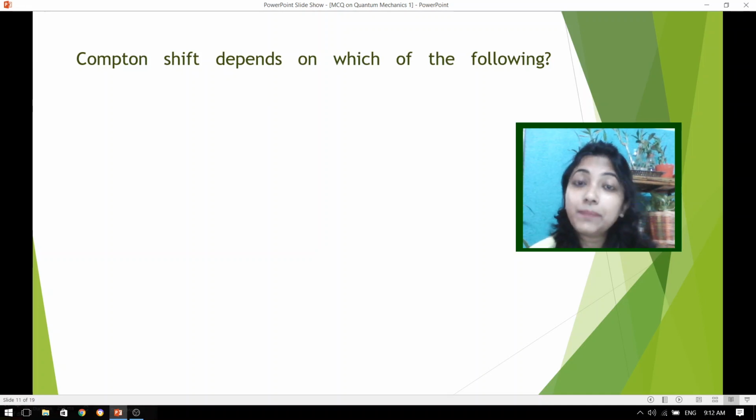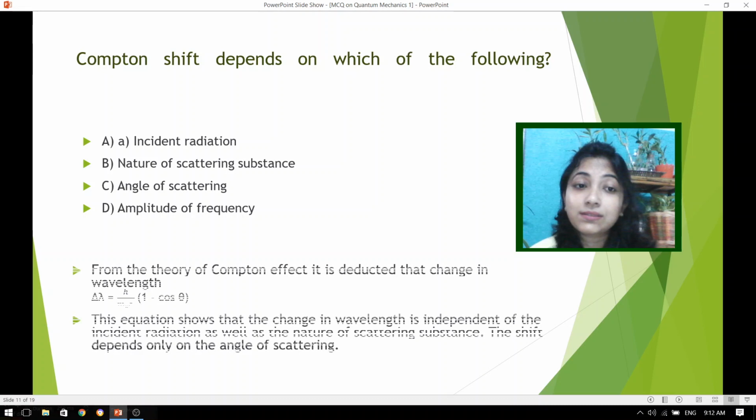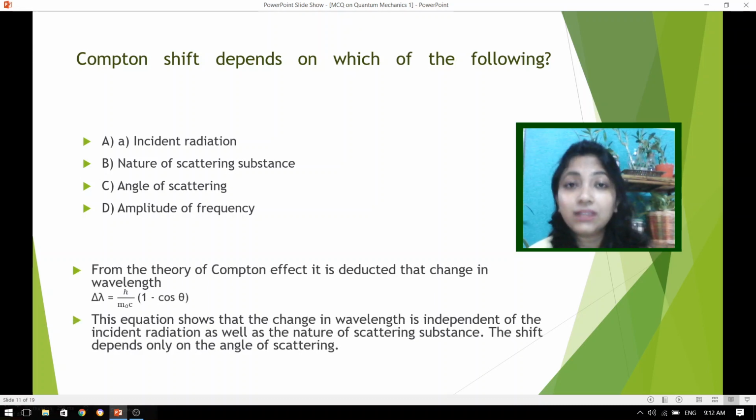Moving forward, Compton shift depends on which of the following? Option A, incident radiation; nature of scattering substance; angle of scattering; or amplitude of frequency. Now students, from the theory of Compton effect, we know that the change in wavelength delta lambda is equal to h by m0c times (1 minus cos theta).